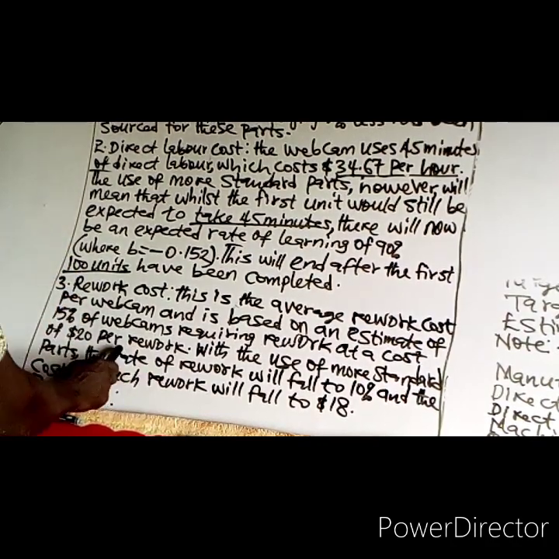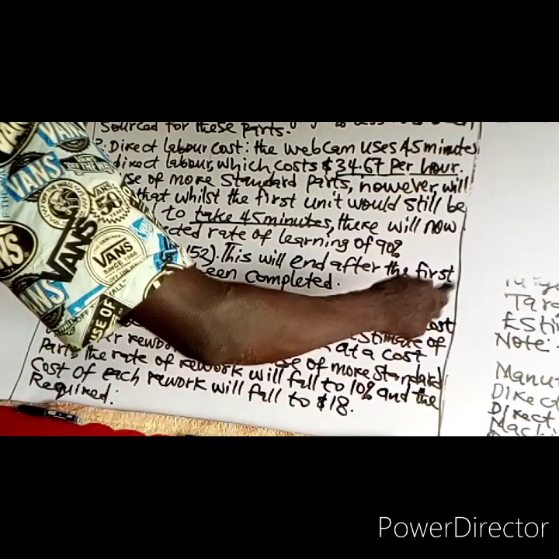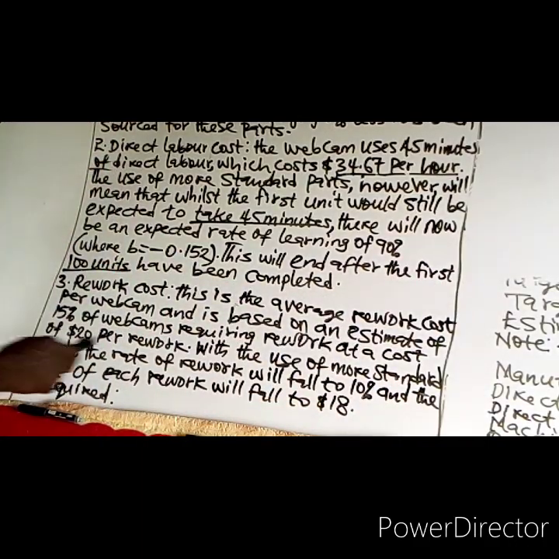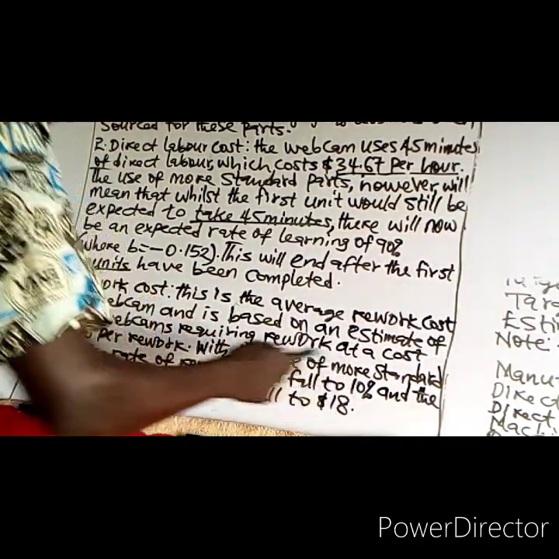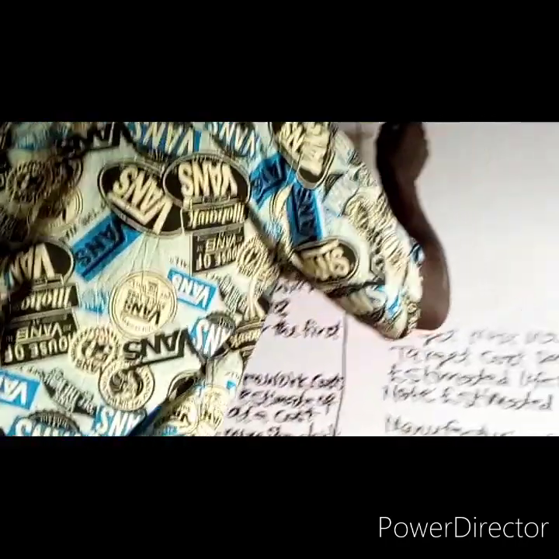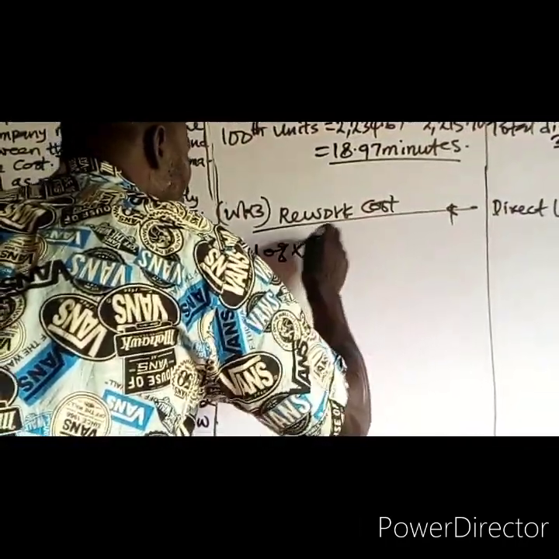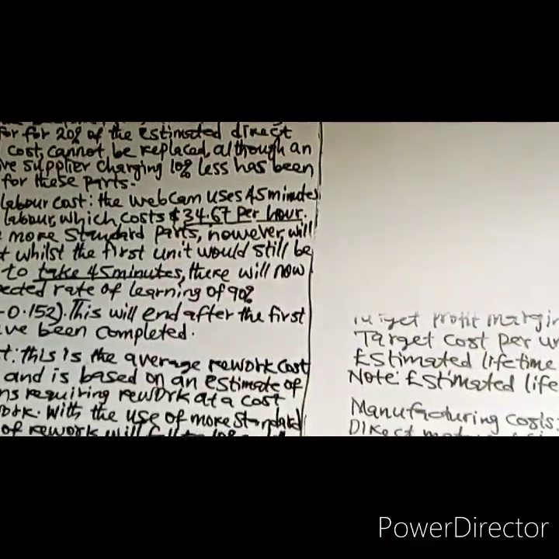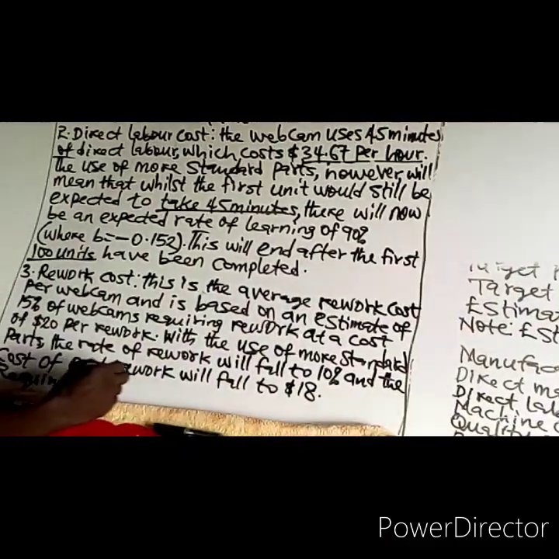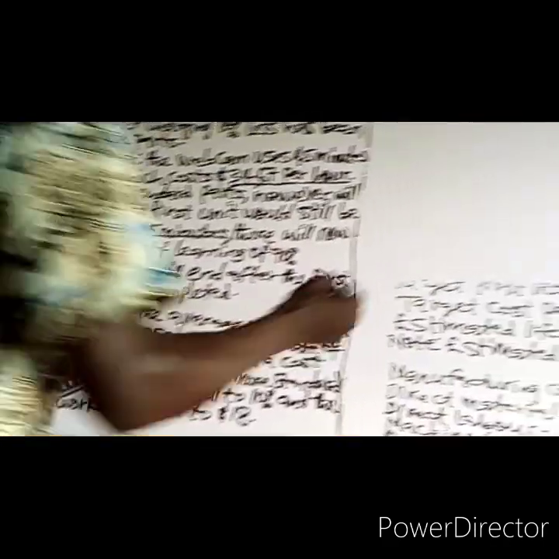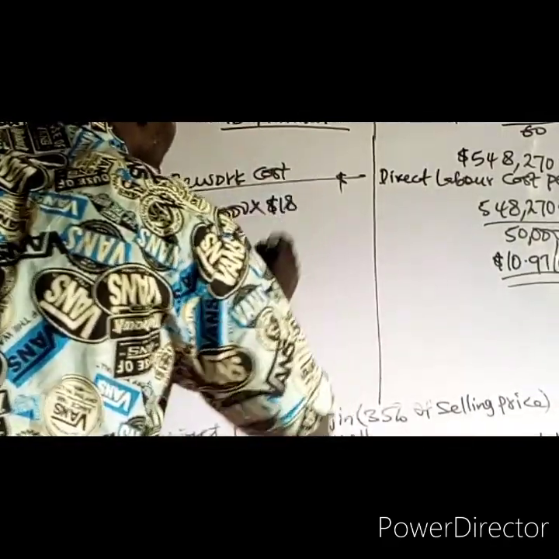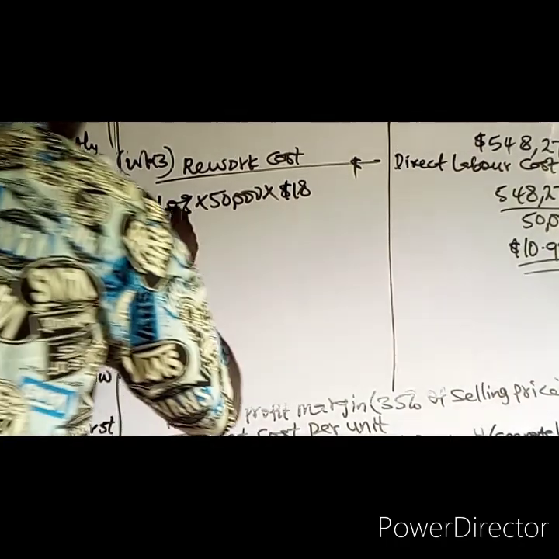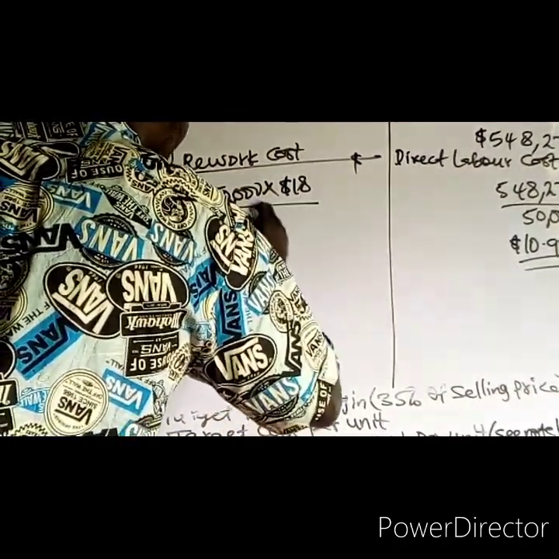So now, with the use of more standard parts, the rate of rework will fall to 10%. So rework cost is 10% of 50,000 times the cost of each rework, which will fall to $18. That will give you the total cost. Then you divide it by the total output of 50,000.